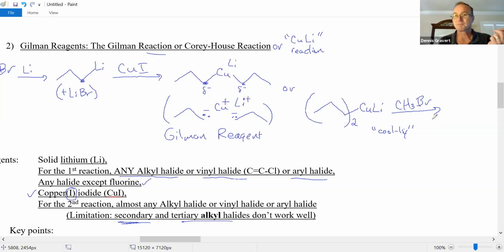And you do substitution. So wherever the copper is attached, that's where you attach all these carbons. So if you had a long chain, let's put 4 carbons here and put a chlorine. Then wherever the halide and the copper attach, that's where you link them together.